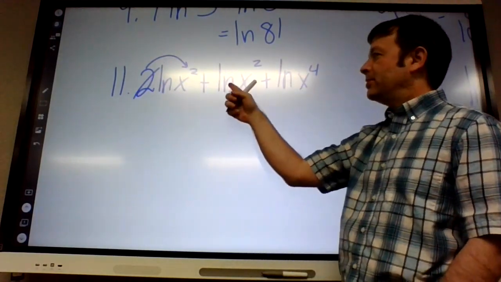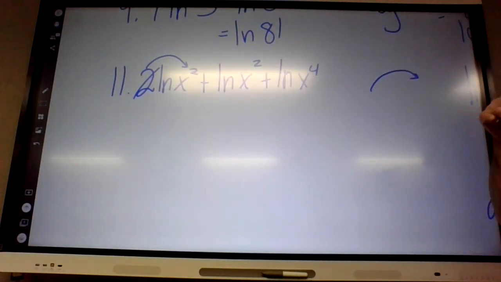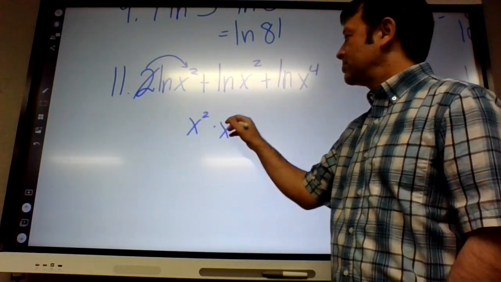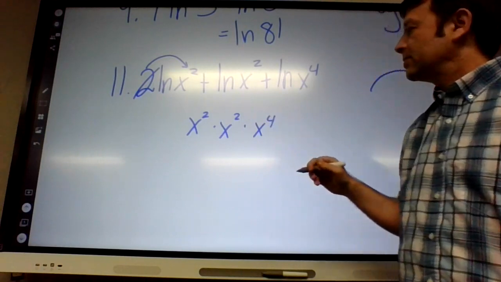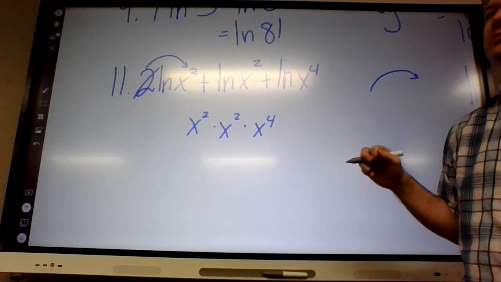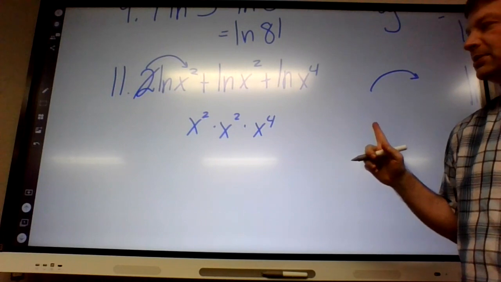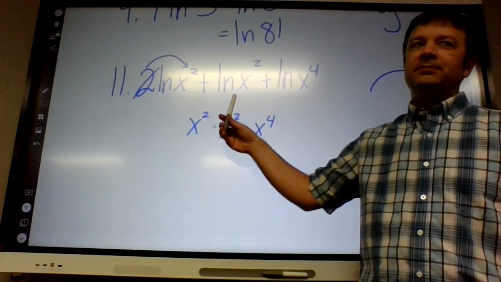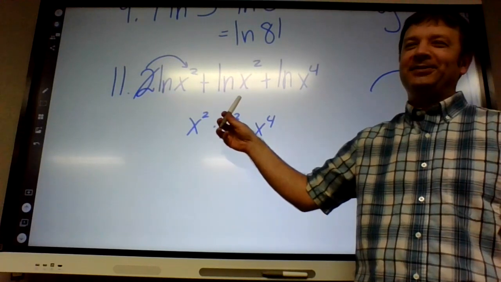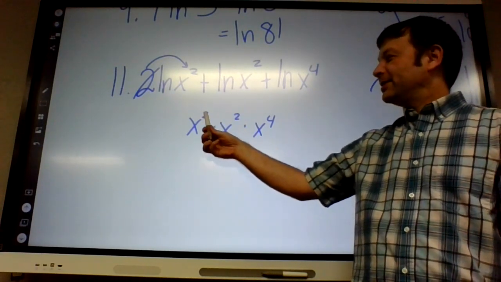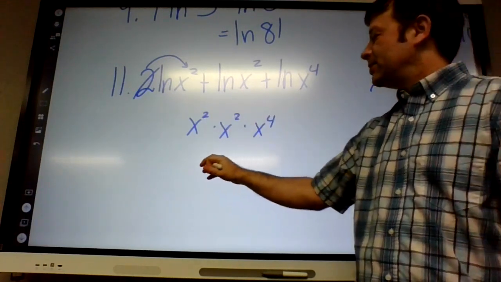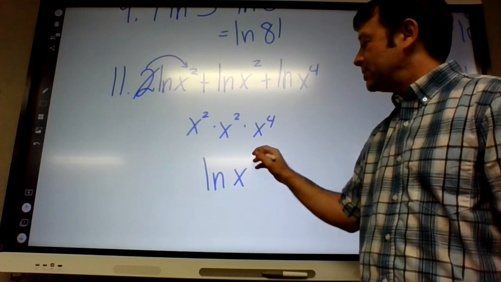When we are adding logs with the same base, what do we do with the thing inside? Multiply. So what is x squared times x squared times x to the 4th? Do you add the squares together? Yes, when you multiply the same base, you add the exponents. So it's natural log of x to the 8th.